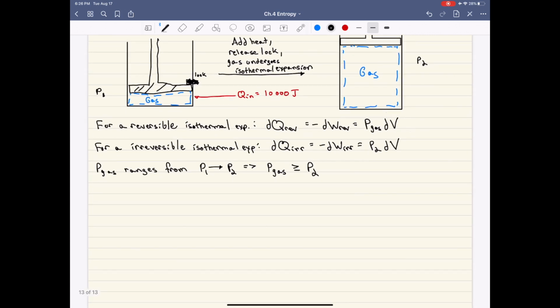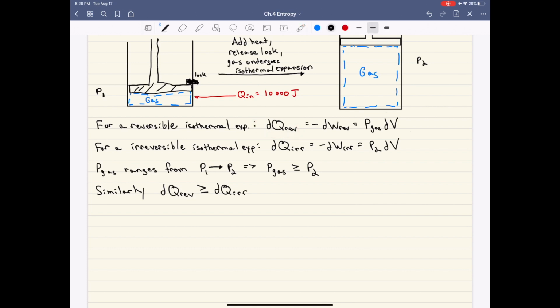And then similarly, if P gas is greater than P2 and dV is just going to be the same, that means that dq rev is going to be greater than or equal to dqIRR. Okay? So that's the relationship between the two dq's that we get from the energy balances.